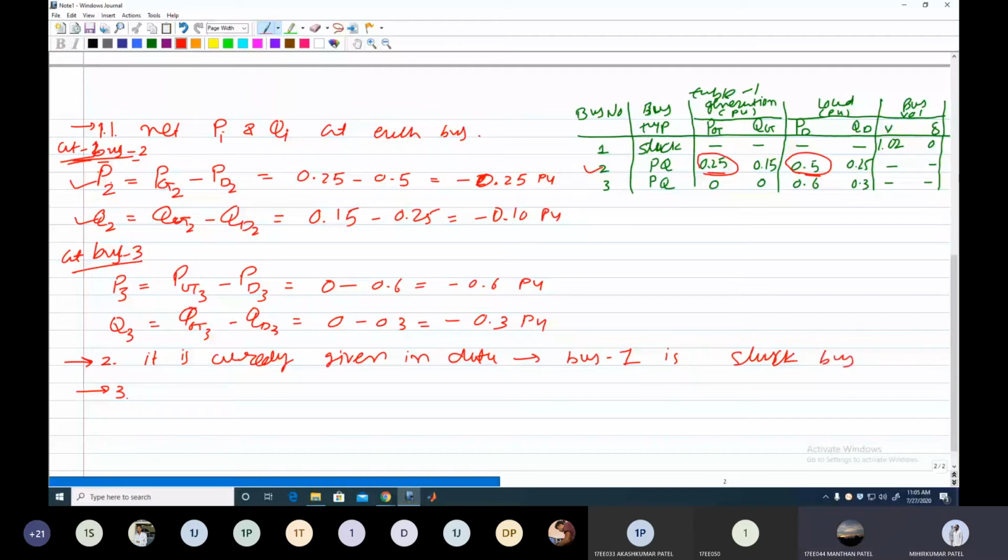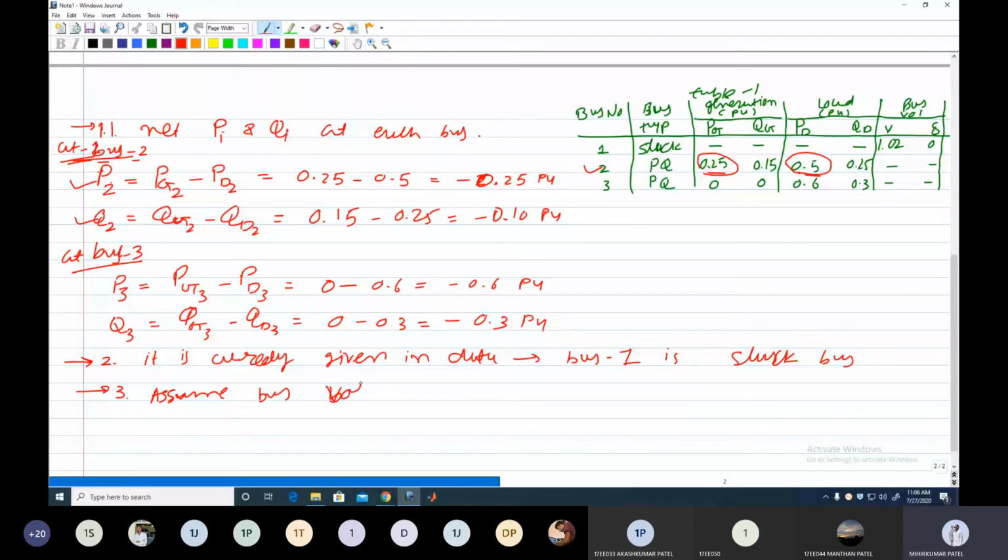Now, step number 3. We have to assume the voltage at each bus except the slack bus. So you can write: assume bus voltage.